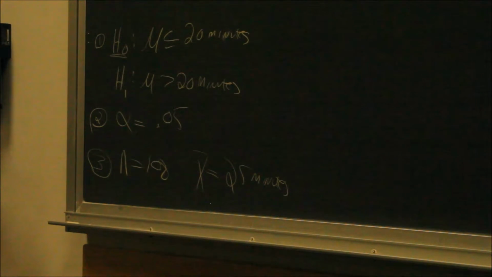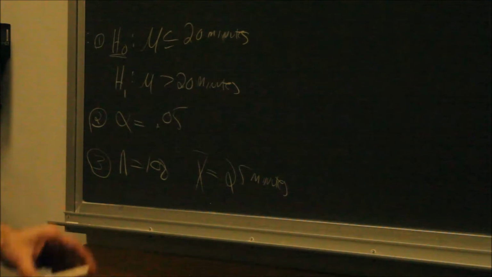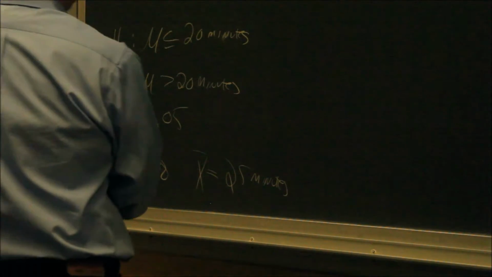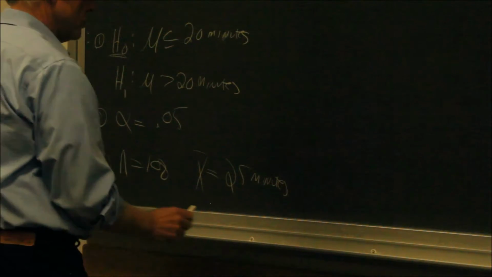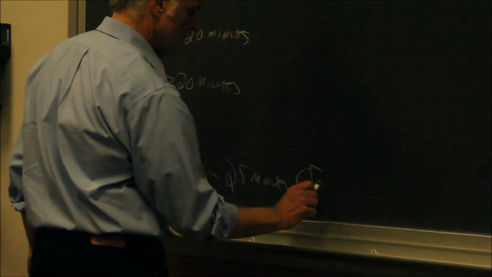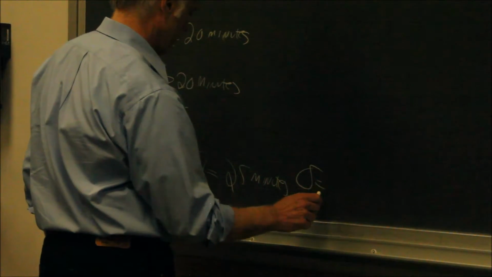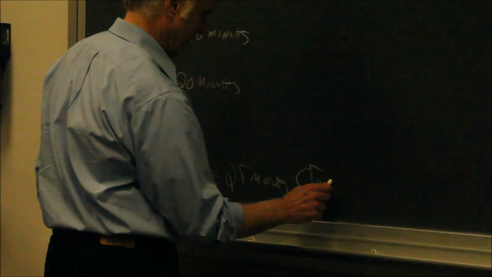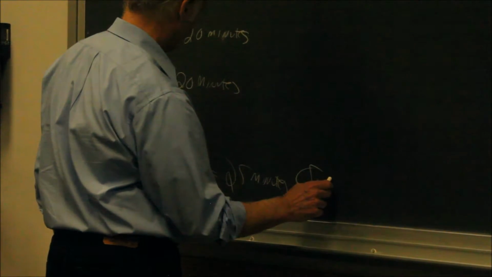The sample standard deviation. Okay? And so in explaining hypothesis testing the first time, let's take the easier approach, and let's say that sigma is known in this case. Then we'll say sigma is equal to 10 minutes.